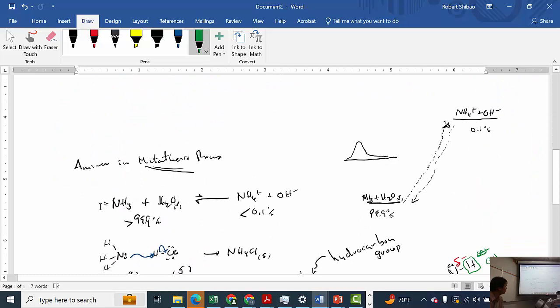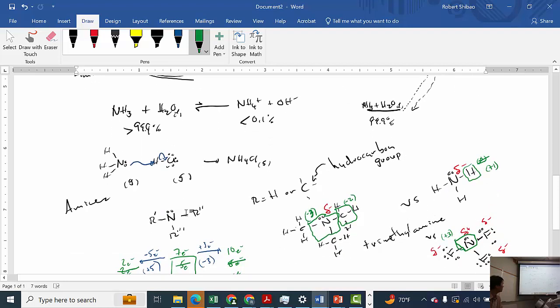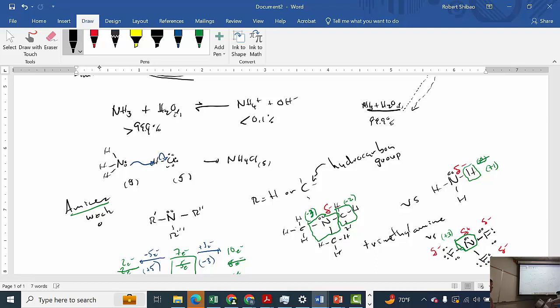And so we look at this first one. Amines are all weak bases. This is a class of organic compounds. These are weak organic bases that are ammonia derivatives.